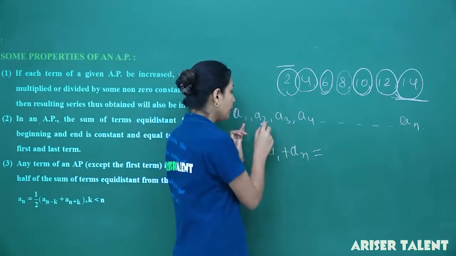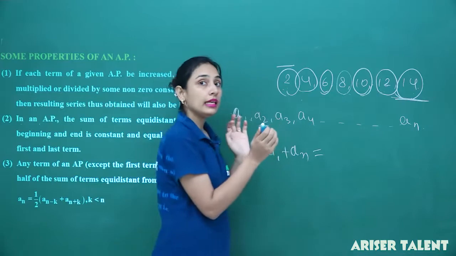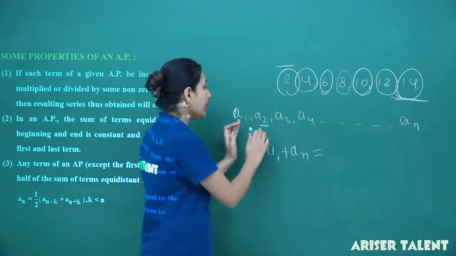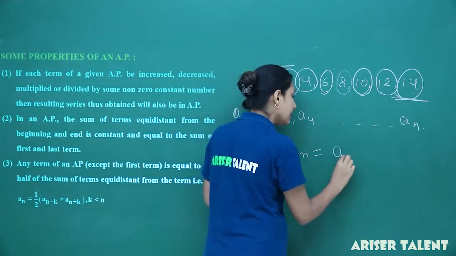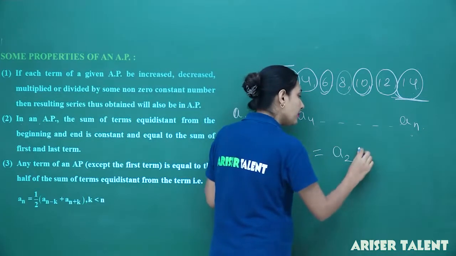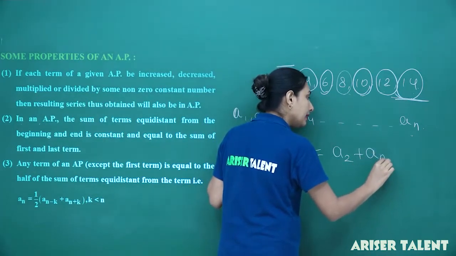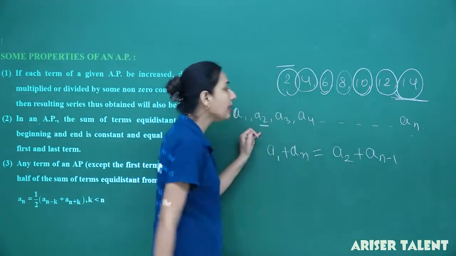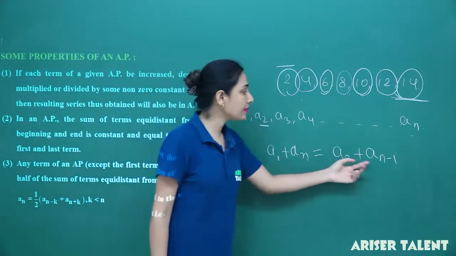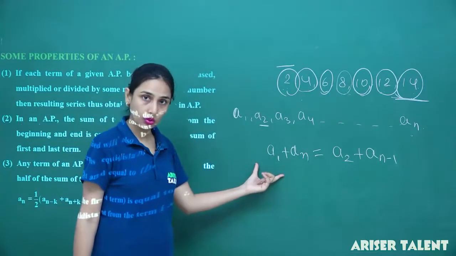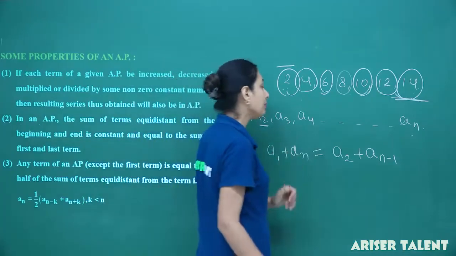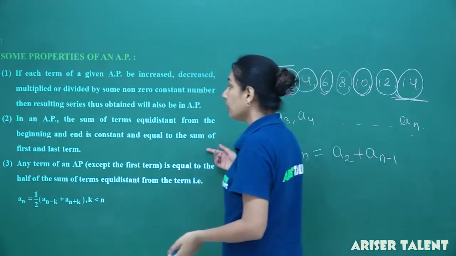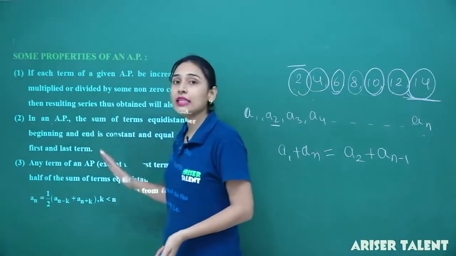Now, if you pick the equidistant term, like from here A2 and from this side you pick N minus 1, then this summation will be equal to this, and only it will work. Now this is about our second property.